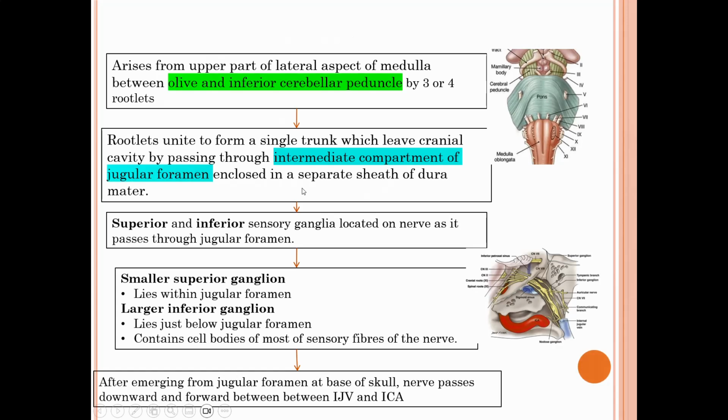Course and relation. So the ninth cranial nerve arises from the upper part of the lateral aspect of the medulla.